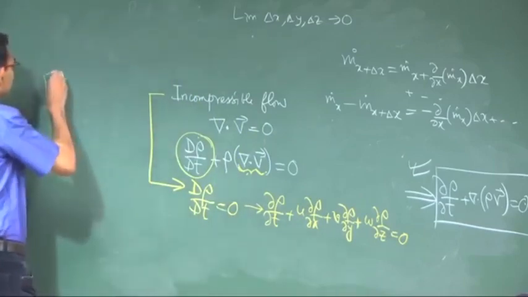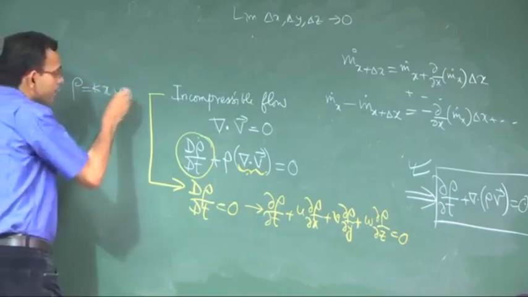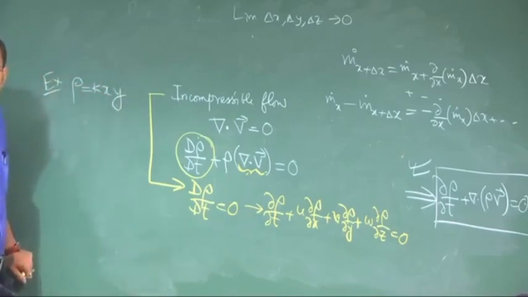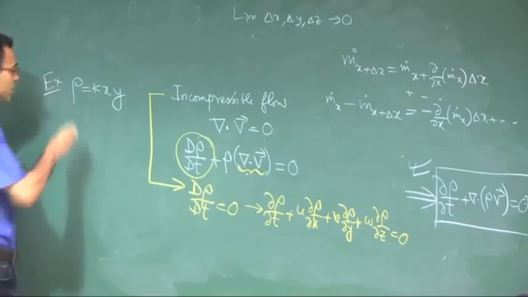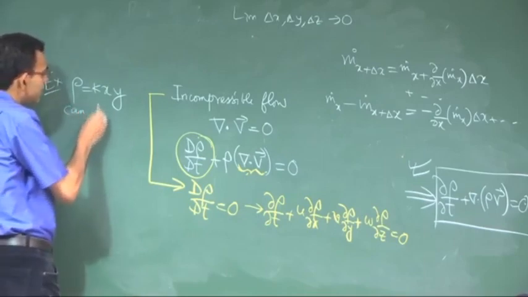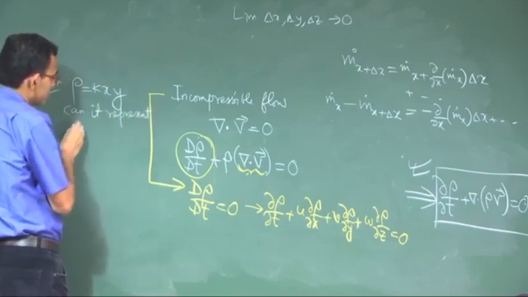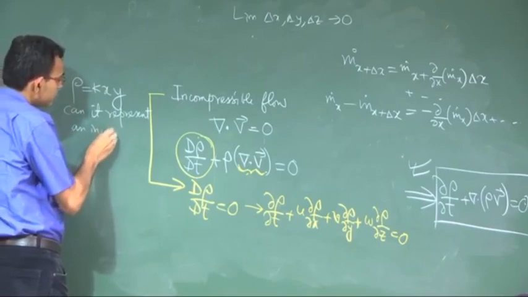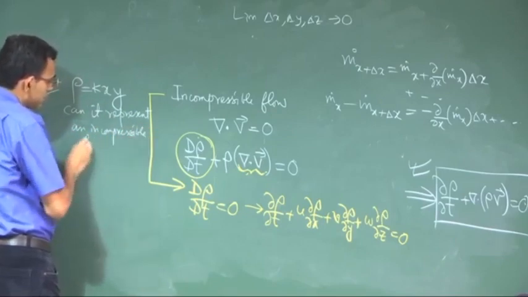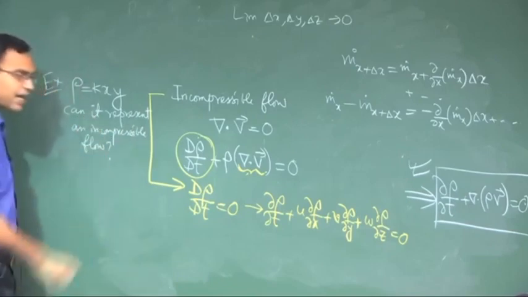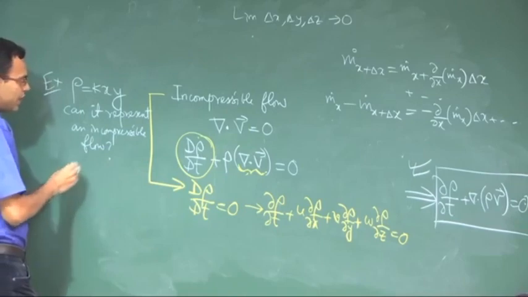Let us say you have rho equal to kxy. Can you define an incompressible flow for this? So question is, can it represent an incompressible flow? To give an answer to this, we will calculate this total derivative.